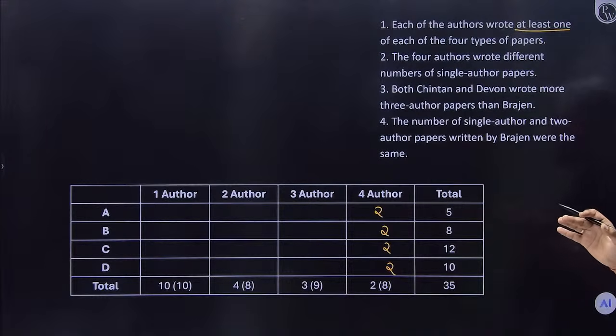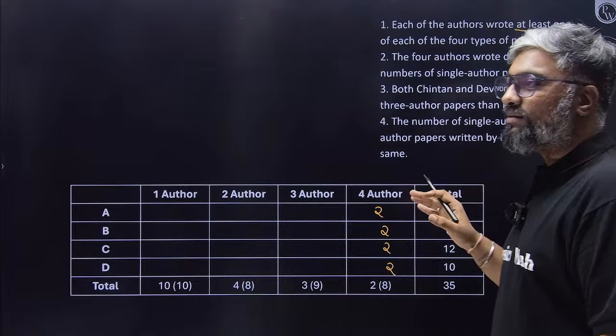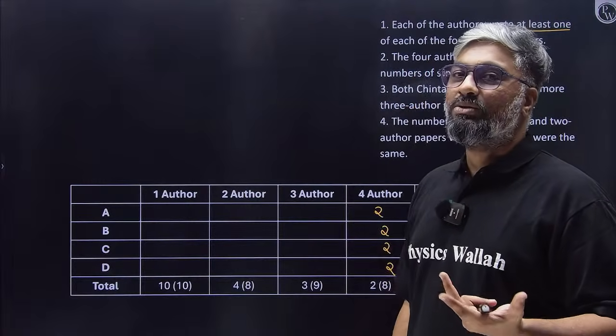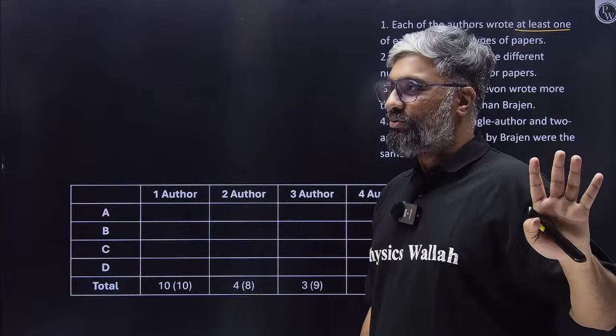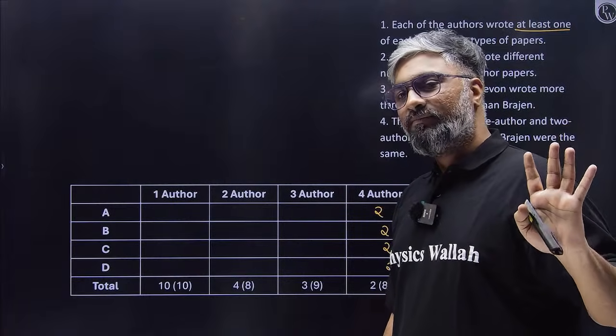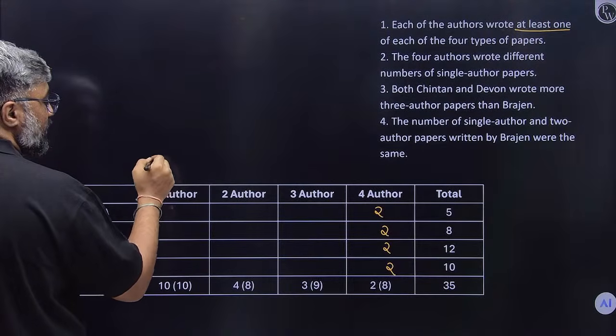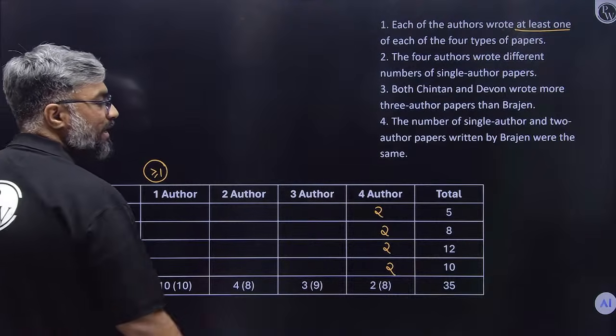Can any of these values be equal to 0, guys? No. Got it? Clear? None of these values can be 0. All of them should be at least 1.